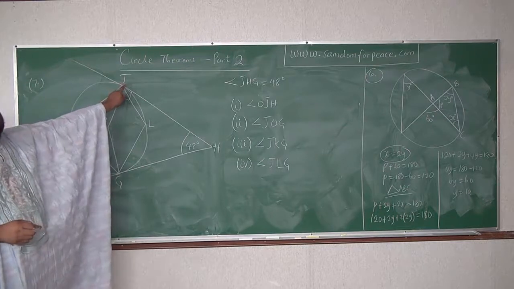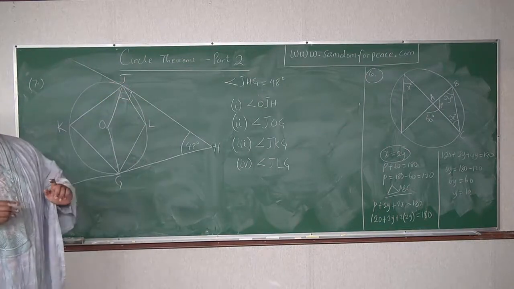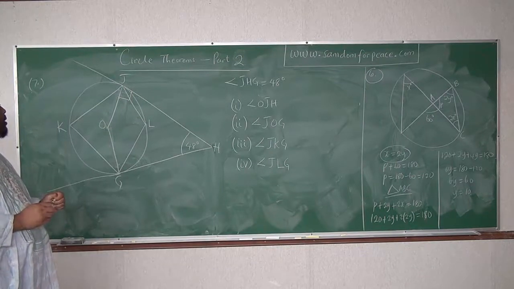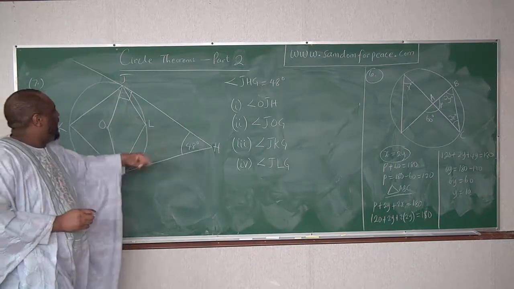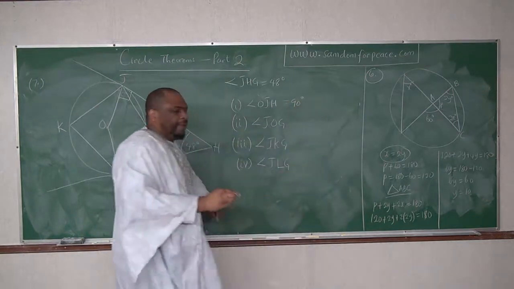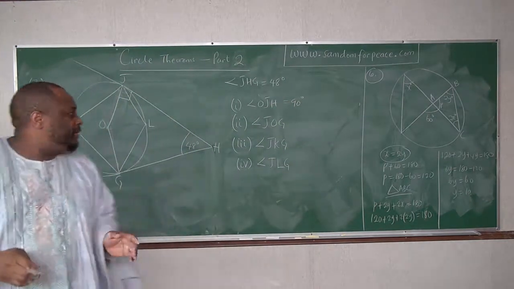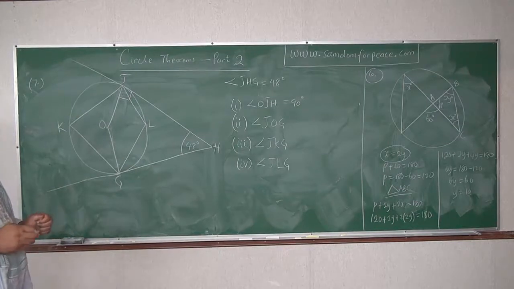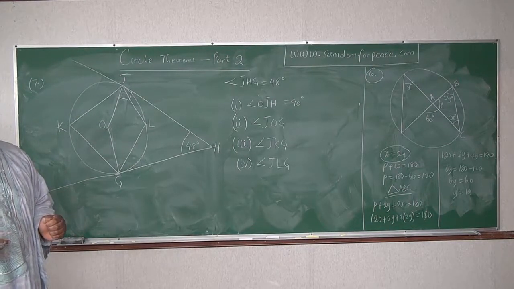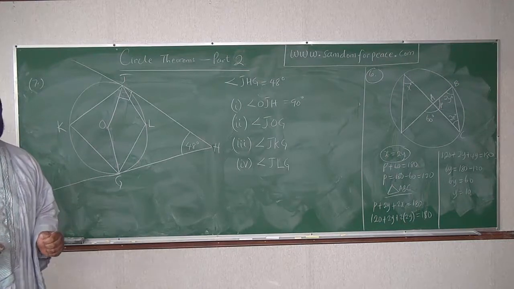HJ and HG are tangents. O is the center, so this is the radius, and this is actually a right angle here. The point of contact, or point of tangency, is J. So angle OJH is 90 degrees. Reason: the radius is perpendicular to the tangent at the point of contact.